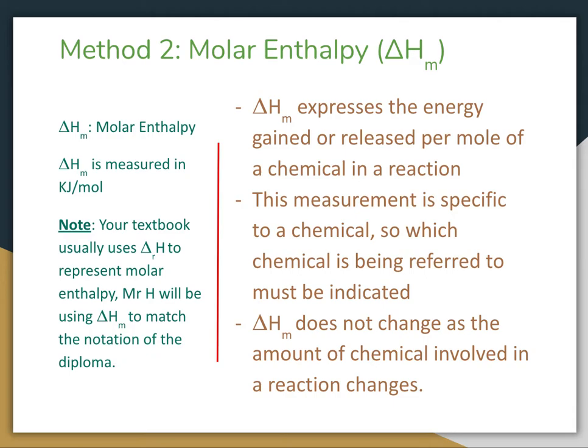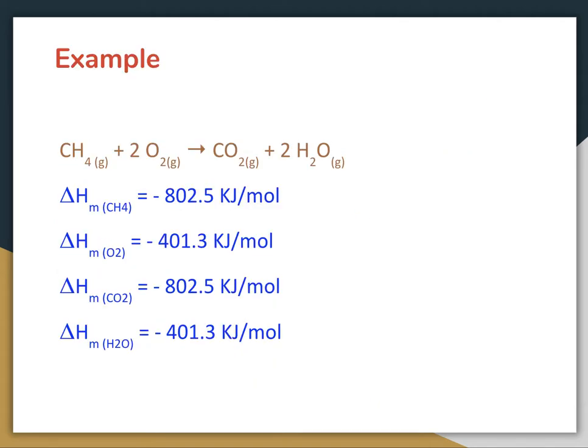It's kilojoules per mole, and that ratio doesn't change if you have 5 grams or 50 kilograms. Because this is for a specific chemical as well, we have to specify which chemical it is we're talking about for molar enthalpy. So here I can talk about the molar enthalpy of methane or the molar enthalpy of oxygen, but there's no such thing as a generalized molar enthalpy.